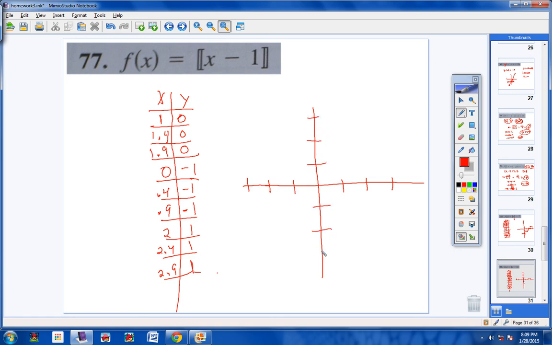It doesn't matter if I put into this function 1 or 1.4 or 1.9, I get out 0. So at 1, I'm going to be at 0. And then continuing on, when I hit 2, it's going to be open. Now for 2, look guys, anywhere from 2 to 2.4 to 2.9, so anywhere from 2 almost to 3, I'm going to be at 1, so I'm up here.